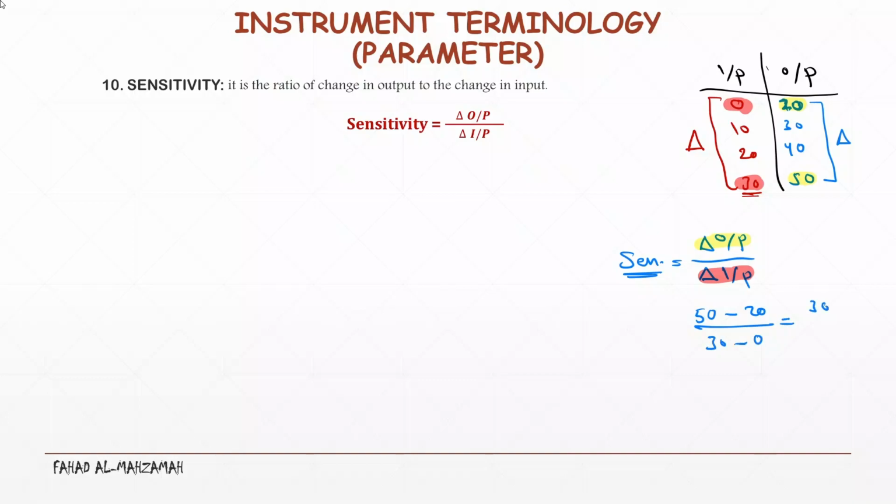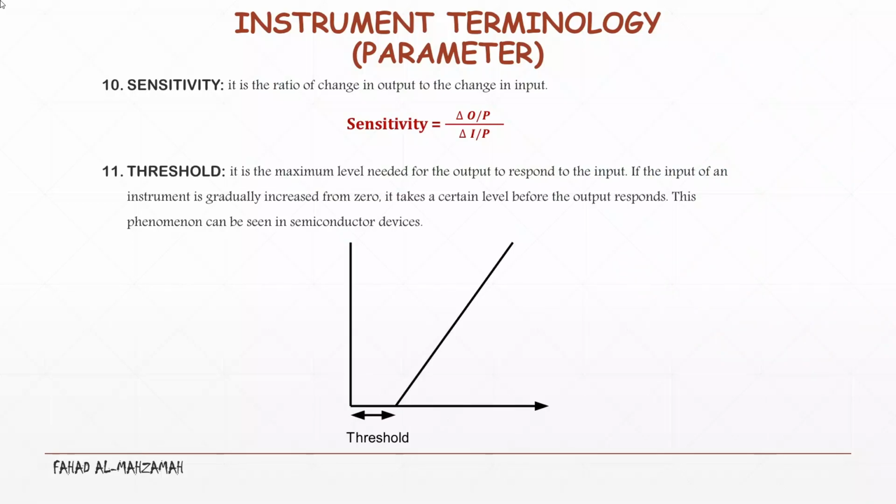So the answer is 30 over 30, which is equal to 1. The unit is the unit of output divided by the unit of input. For example, if this is ampere and this is voltage, the unit is ampere per voltage. So this is regarding the sensitivity.